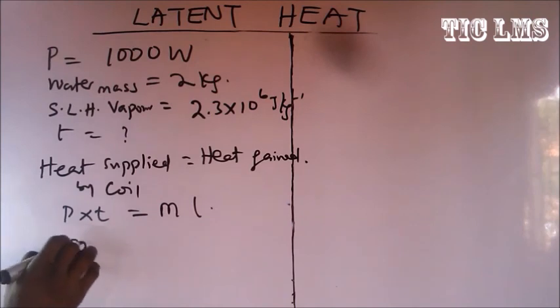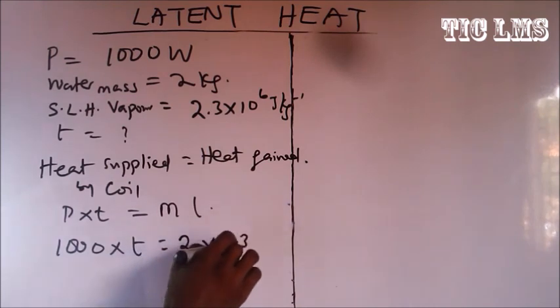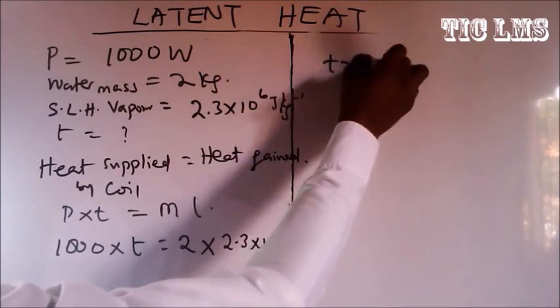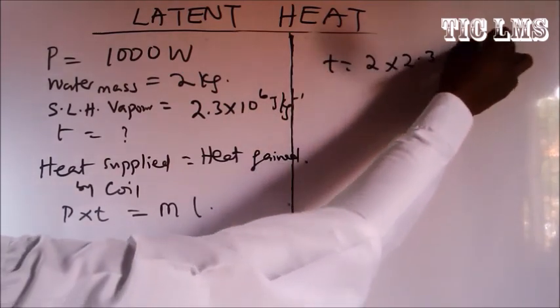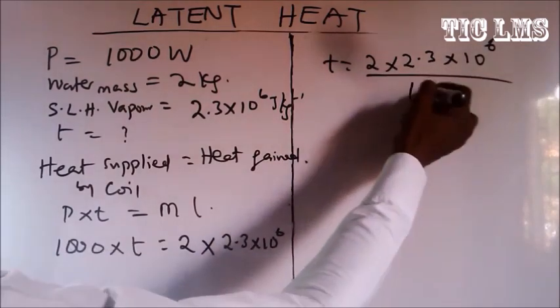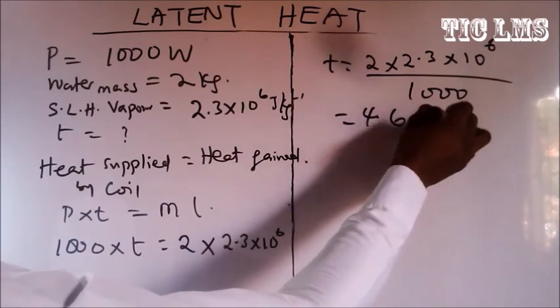So we have 1000 multiplied by T equal to mass, which is 2 multiplied by 2.3 times 10 raised to 6. So we make T the subject and we have 2 times 2.3 times 10 raised to 6 divided by 1000. So we have 4.6 times 10 raised to 6.